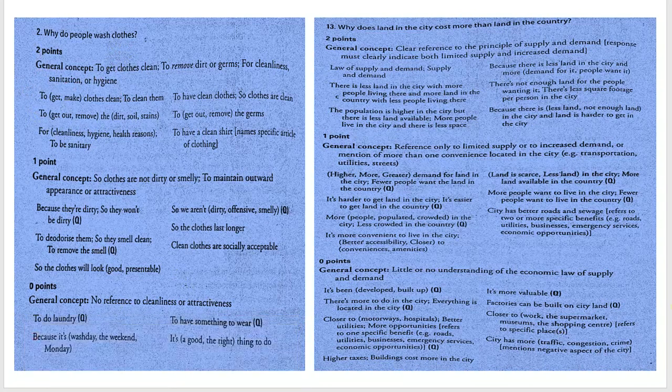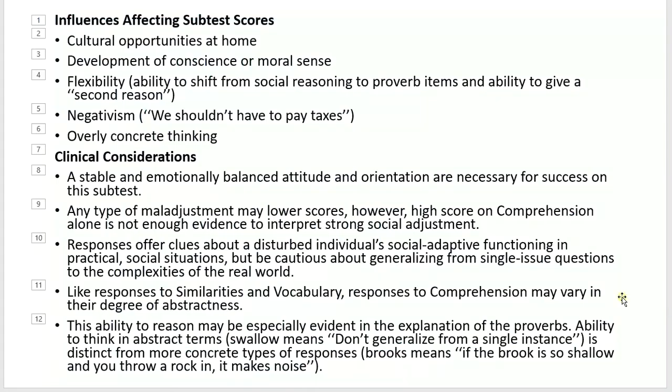So these are the items of the real test and the factors that influence the comprehension is cultural opportunities at home, development of conscience and moral sense because you are dealing with social information, flexibility, again negativism will negatively influence, and overly concrete thinking will be an indication of pathology.